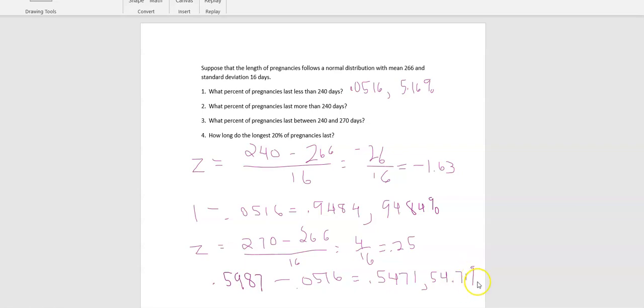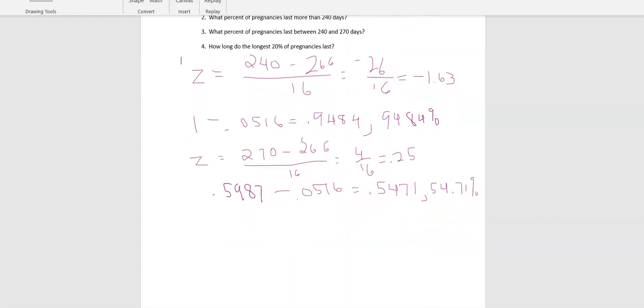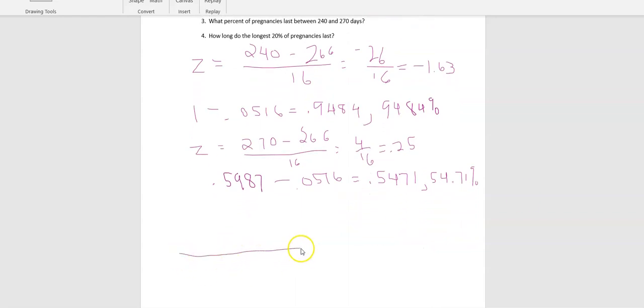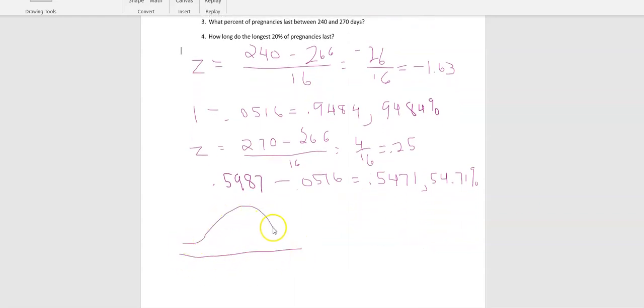All right, now our last one. How long do the longest 20% of pregnancies last? Now let's be careful here, because really this is talking about the longest 20% of pregnancies will be on this latter half over here. The 20% will be on this side. So when we look things up on the chart, we have to have the left side, which will be 80% or 0.80.